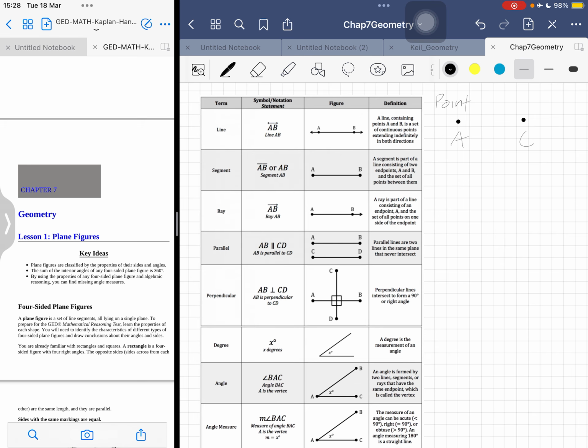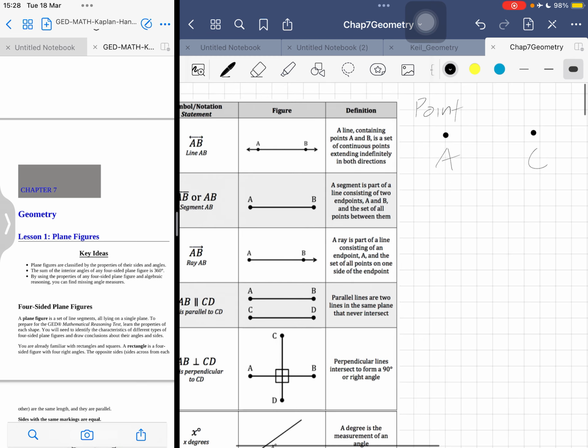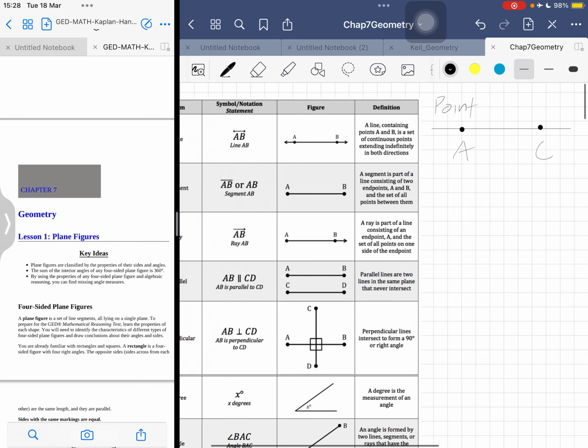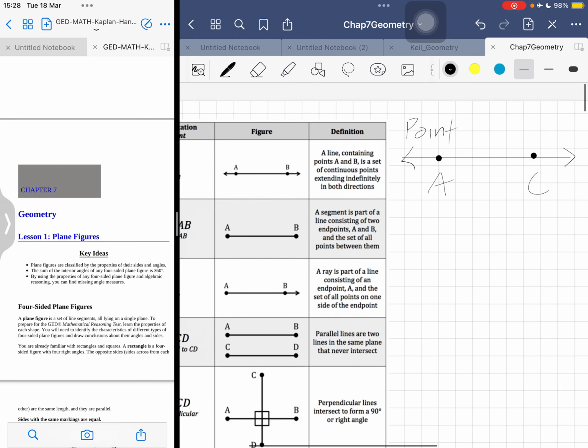Then next is line. For example, when you connect point A and point C with an infinite line, imagine those two points are connected. This is called line. If those two ends are connected indefinitely, meaning it extends to a longer length, then it would be called line.